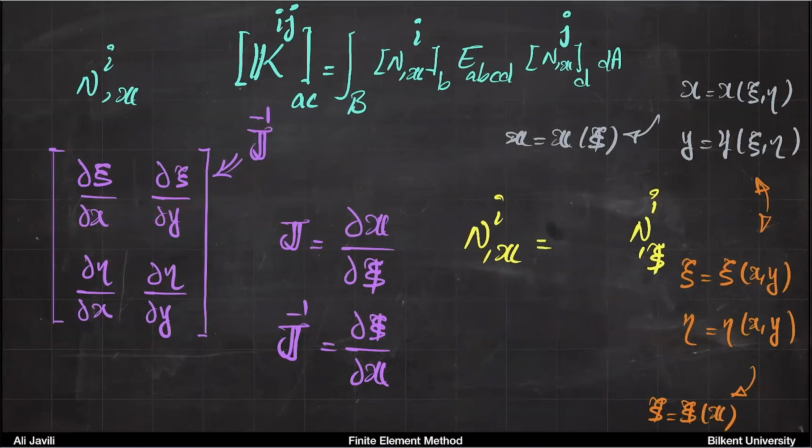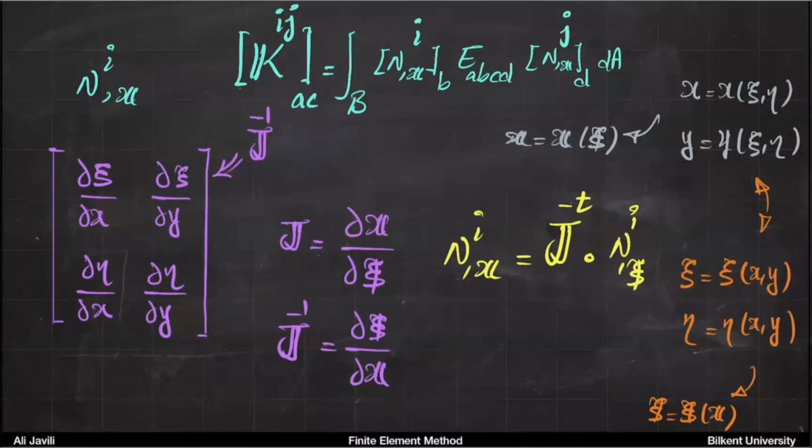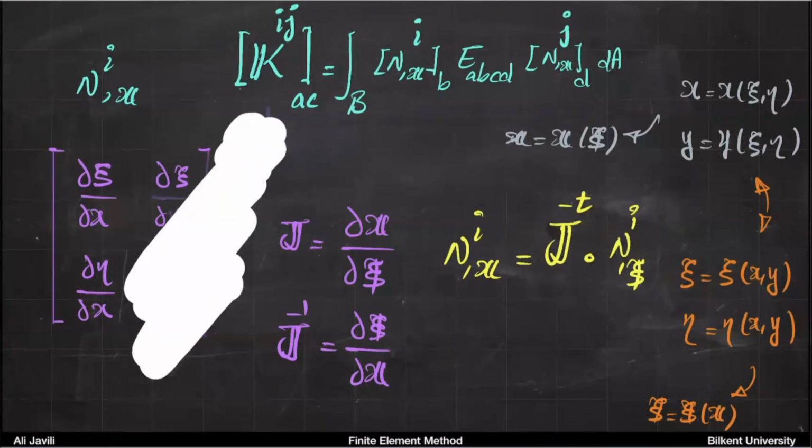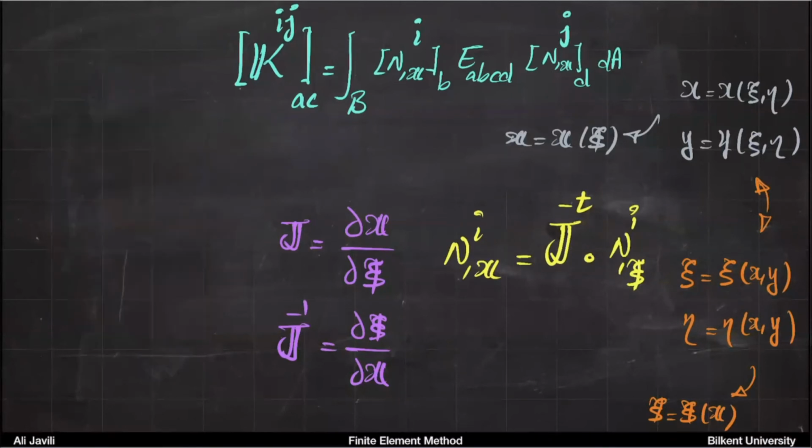It's going to be J inverse transpose times that. This is the name of that guy. Okay, and now we don't have to have these anymore either. All right, so this is not too bad.